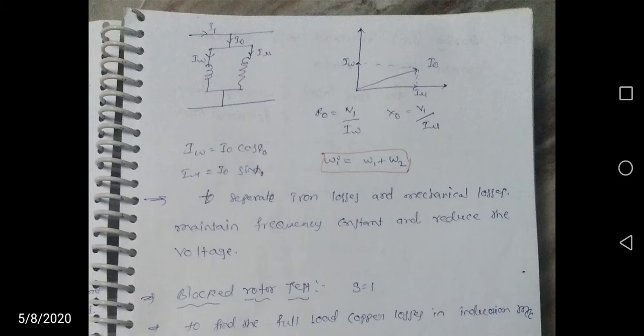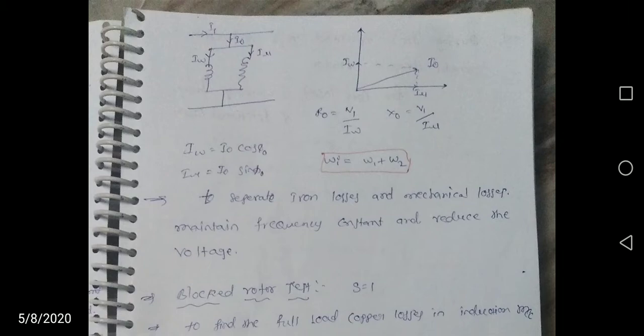I naught is the no load current. WI equals W1 plus W2. WI is the iron losses.